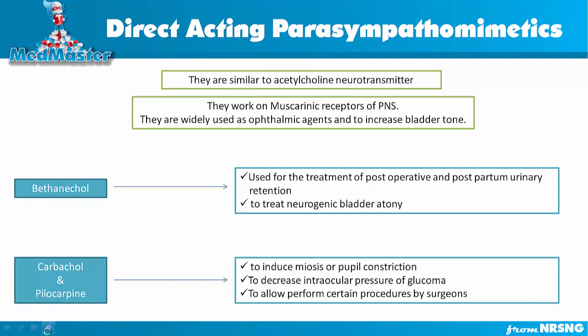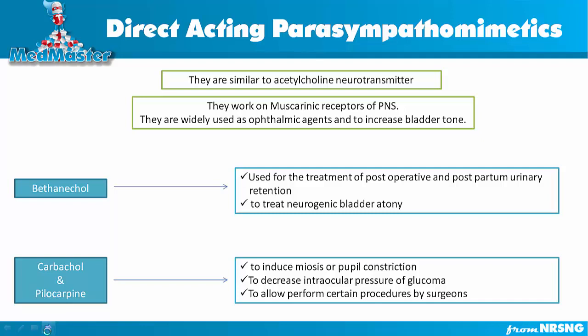Direct acting parasympathomimetic drugs are similar to the acetylcholine neurotransmitter, which is the main neurotransmitter for the parasympathetic nervous system. So what these direct acting parasympathomimetic drugs will do is go and bind to the muscarinic receptors of the parasympathetic nervous system and cause this effect.